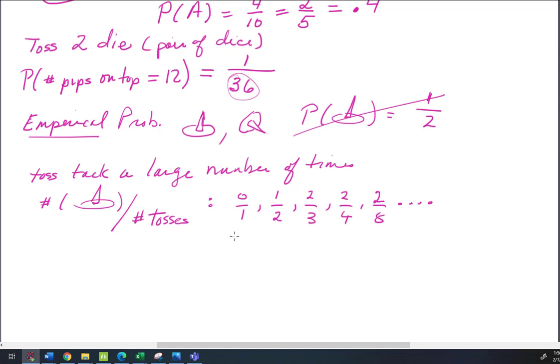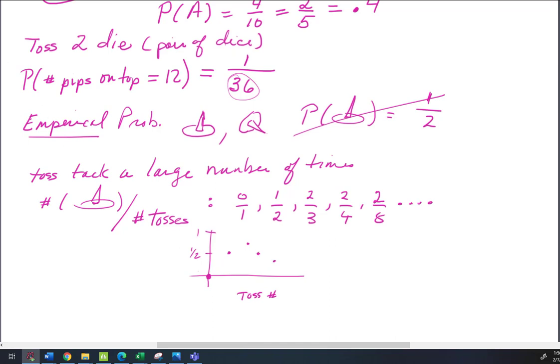But eventually this ratio will settle down, and it'll get close to something. If you think about graphing this, 0 out of 1 would be 0, and 1 out of 2 would be 1/2, and so this would be the toss number, and 2/3 would be up here, and 2/4 would be back down here, and 2/5 would be over here.